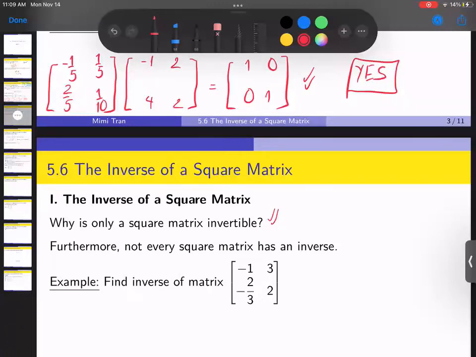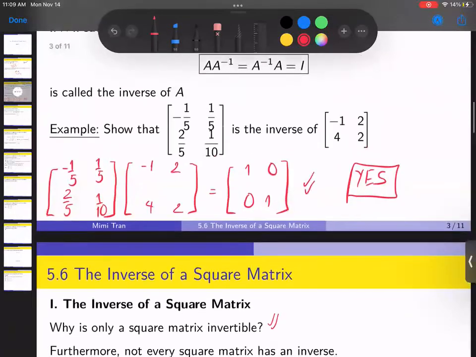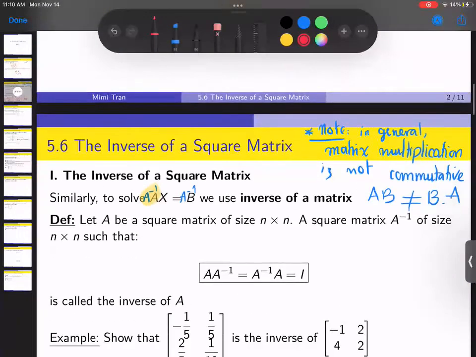Okay, yeah, maybe in linear algebra they do that same thing too, but we're not there. We don't have to prove it abstractly. Just give you an idea of why only a square matrix is invertible. First of all, if you look at the definition of an inverse matrix, the size has to match the original matrix, right?